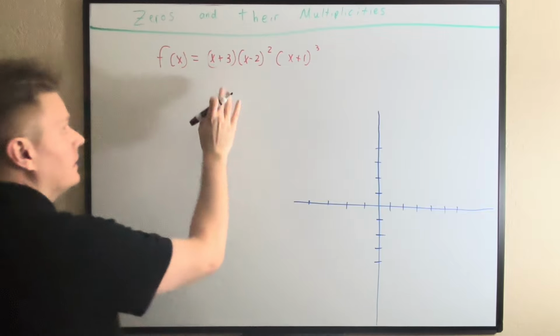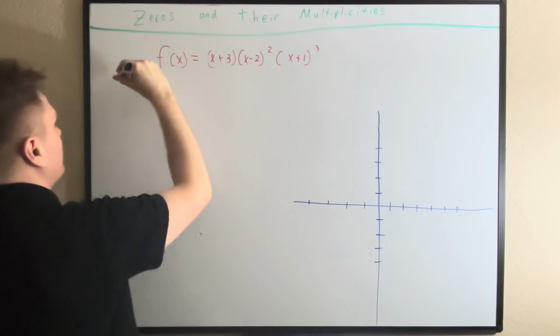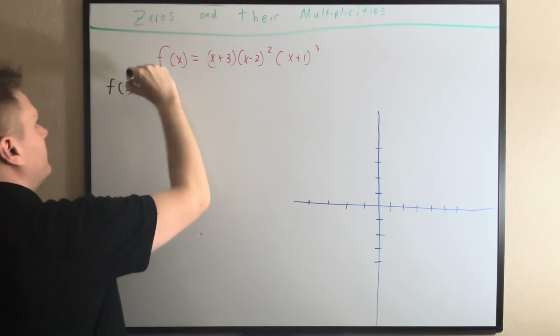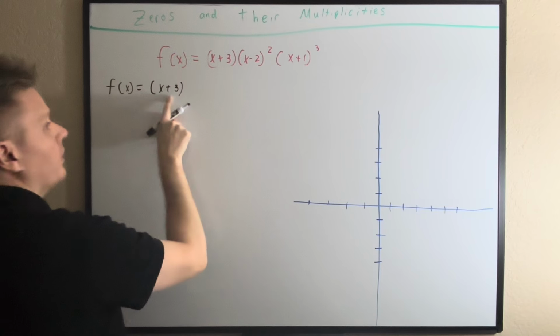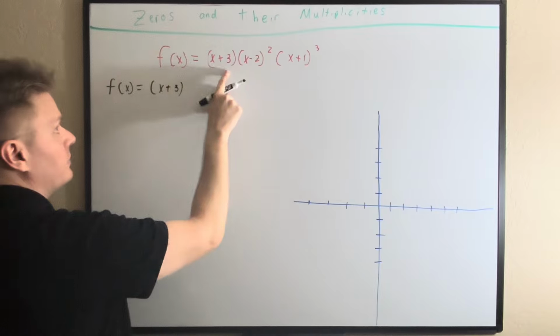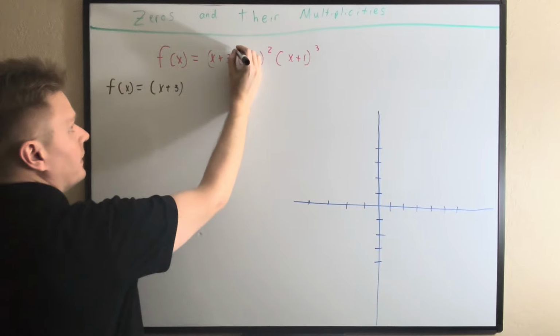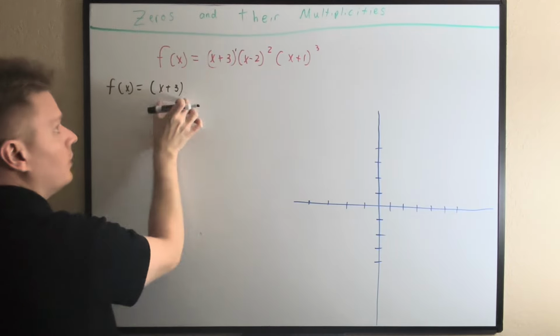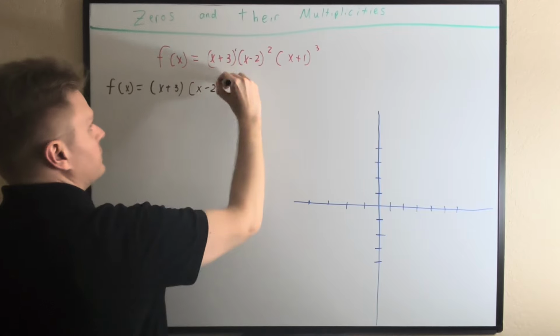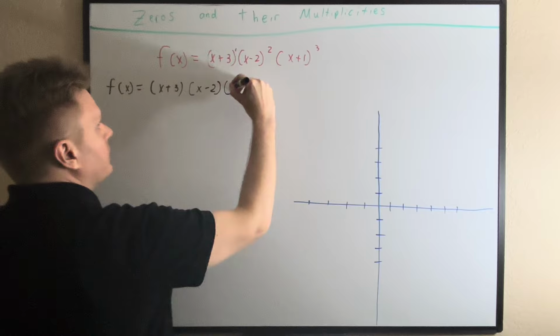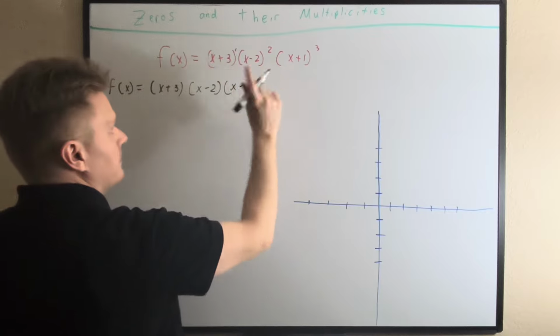So, another way of writing out this function, just to give you an idea of what multiplicity is: quantity x plus 3, there's an understood 1 there, right? So there's just 1. But x minus 2 is squared, so there's 2 of them.